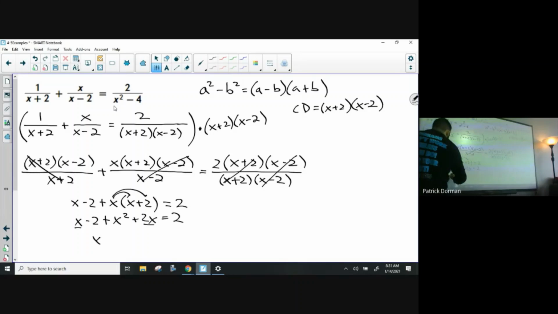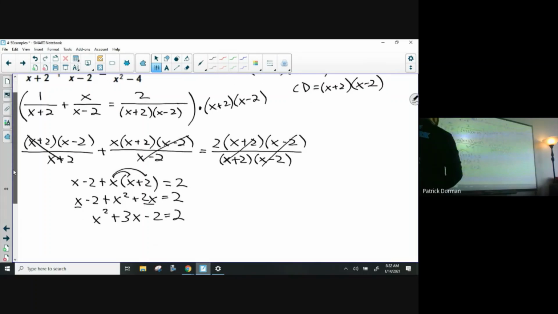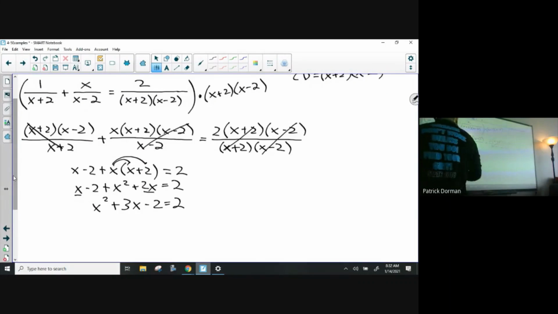I'll put the x squared down front so that it can be in standard form. Now I just need to set it equal to 0. x squared plus 3x minus 4 equals 0.